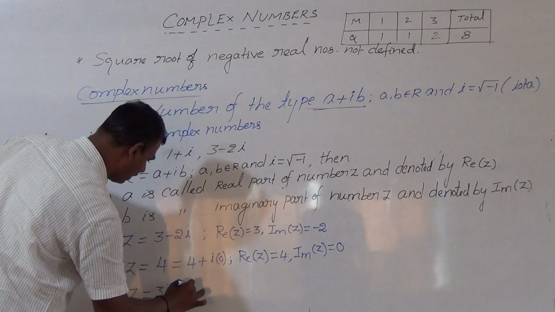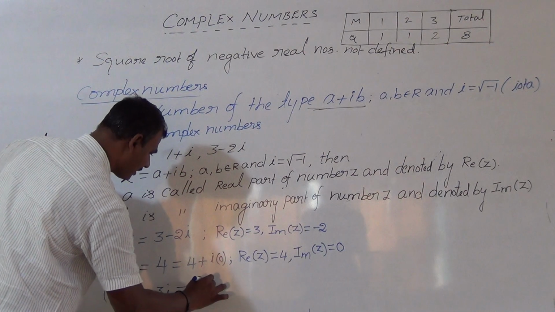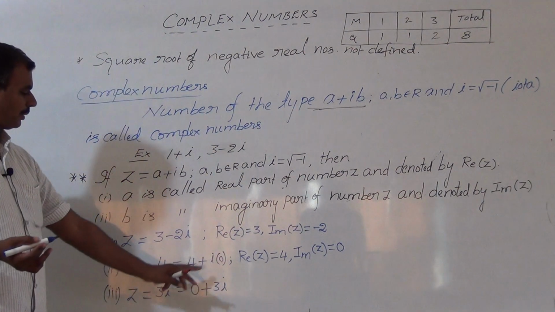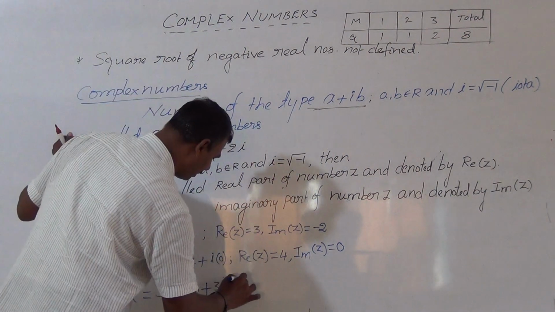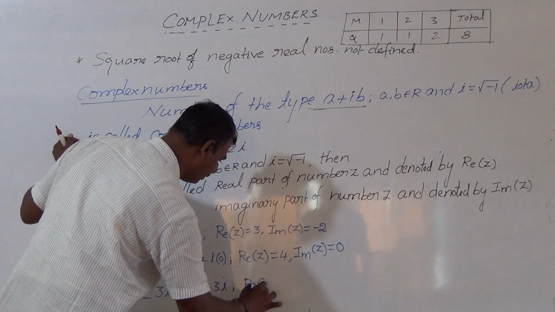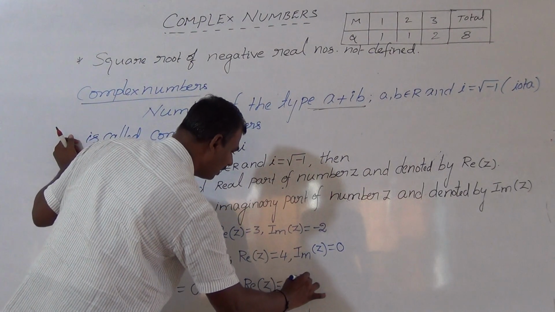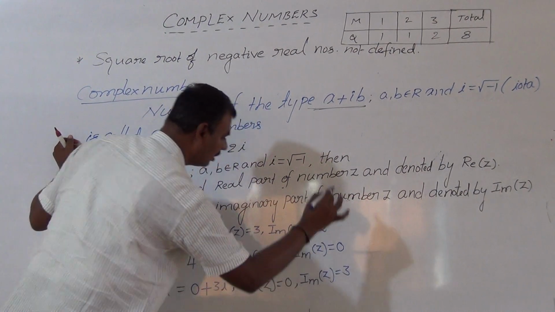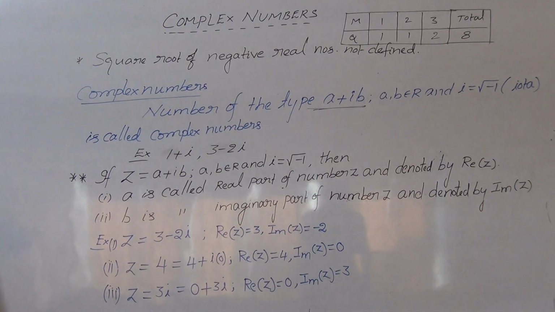How to write this value? Always take the missing term as 0, so 0 plus 3 into iota. In this 0 plus 3 iota, what is the real part of z? The real part of z is equal to 0, and the imaginary part of z is 3. Like this we can write plenty of examples.